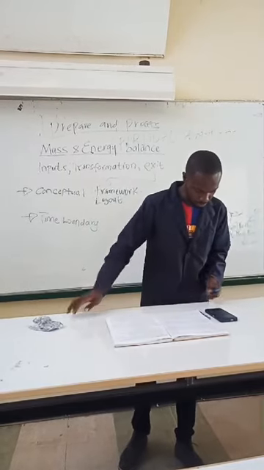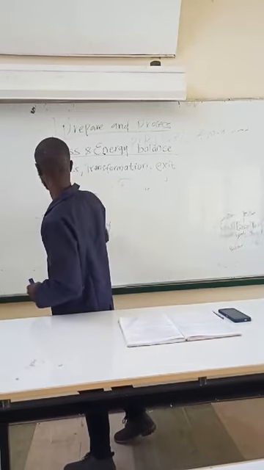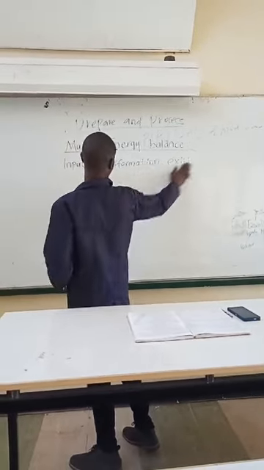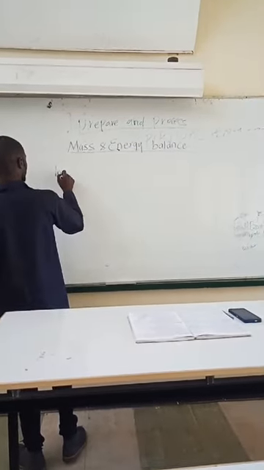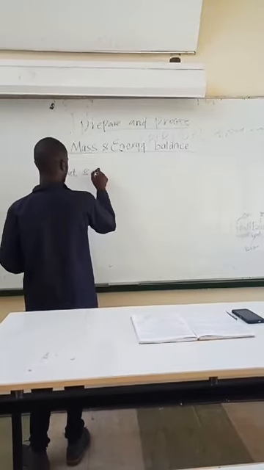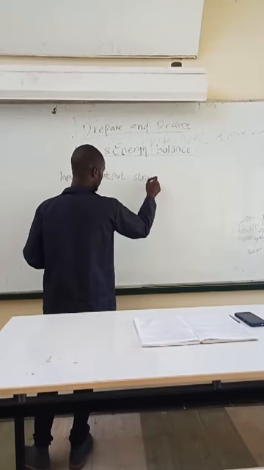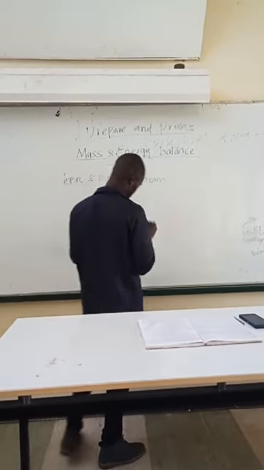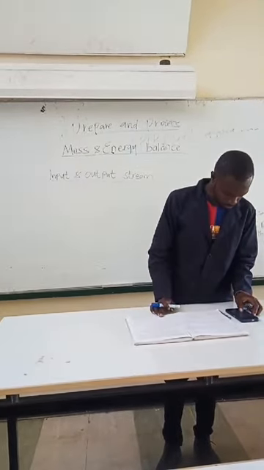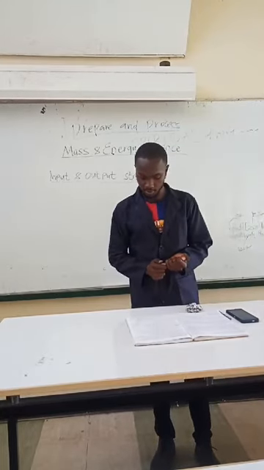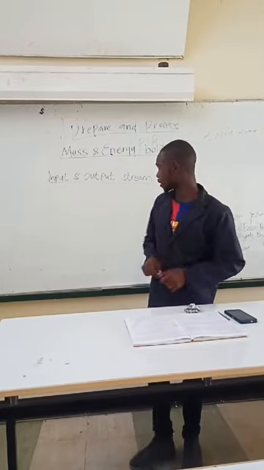The second part is input and output streams. In any production of goods, we have the input, what is coming inside, and some of those inputs are raw materials.